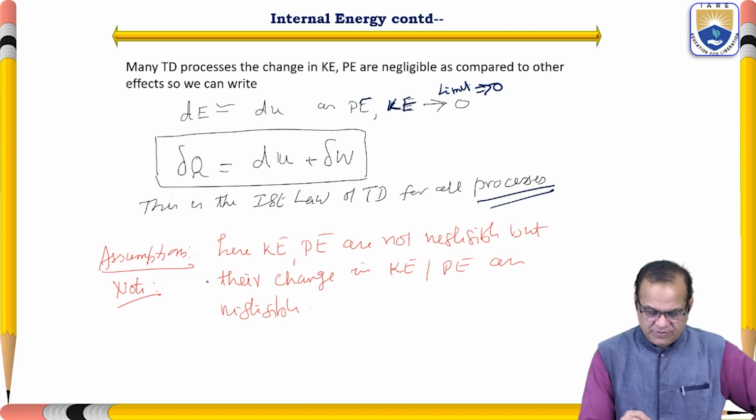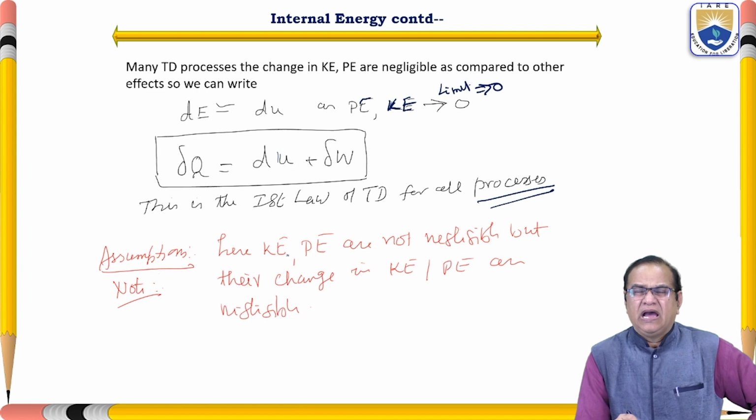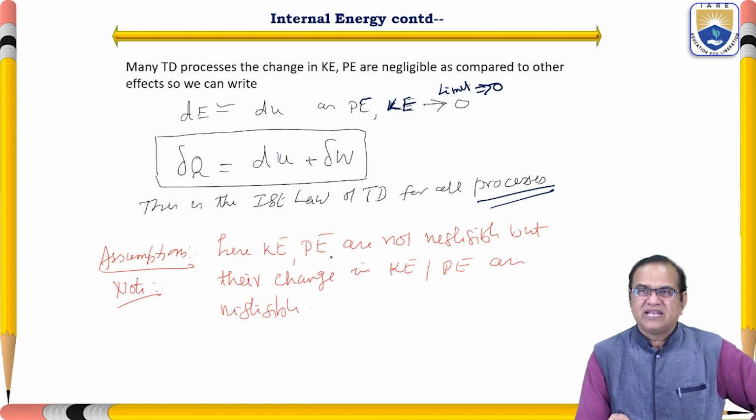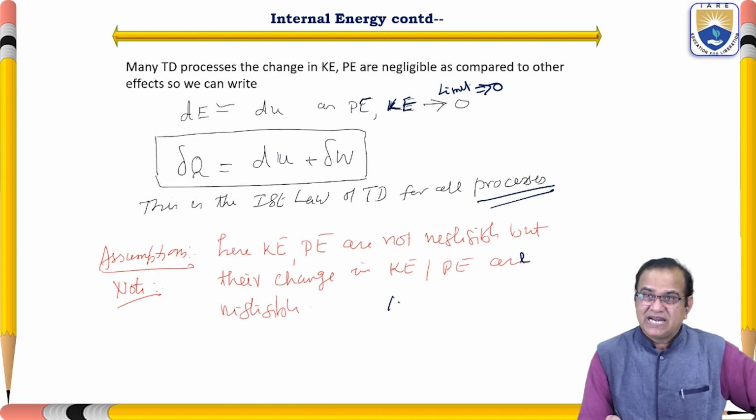So the assumption we have made is that the kinetic energy and potential energy are not negligible, but their changes are negligible. That is important. So delta PE and delta KE are negligible changes.